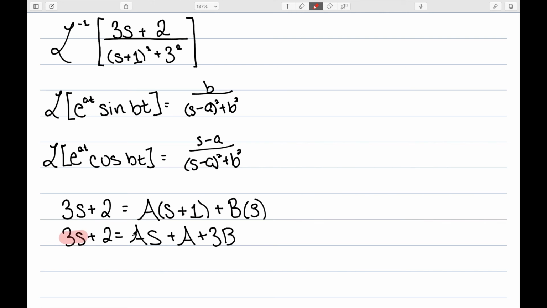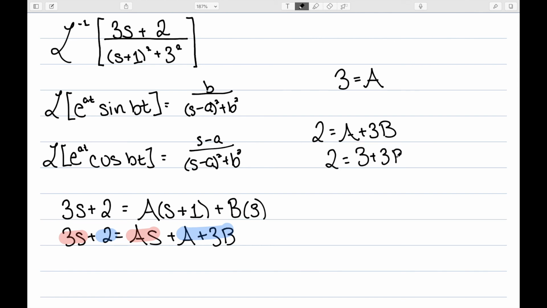Looking at the coefficients of s, I get that 3 is equal to A. And looking at my constants, I have 2 equal to A plus 3B. We already know that A is equal to 3. That gives me -1 equal to 3B, or B equal to -1/3.